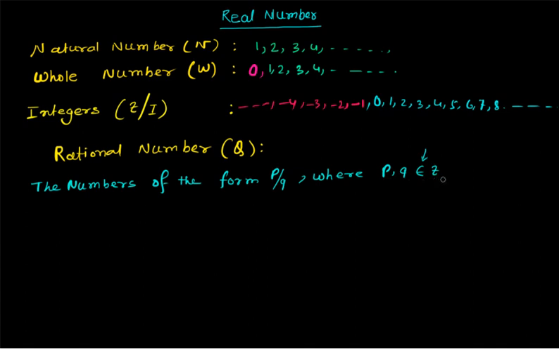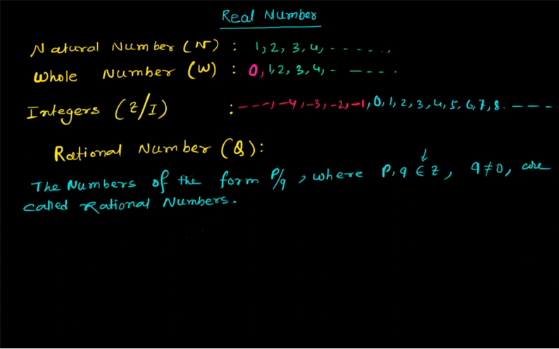It means p and q both are integers and q is not equal to 0, because we know nothing can be divided by 0. So the denominator q cannot be 0. These are called rational numbers. So this is the definition of a rational number.